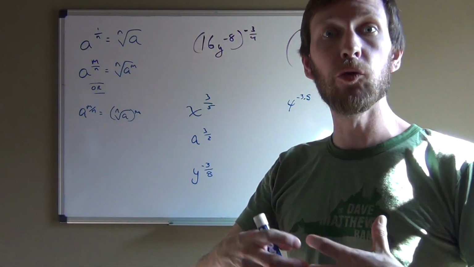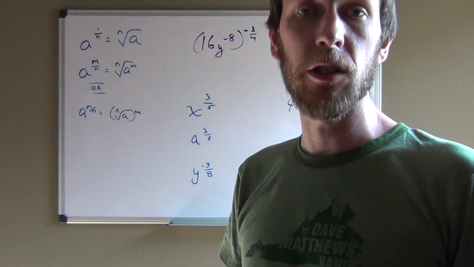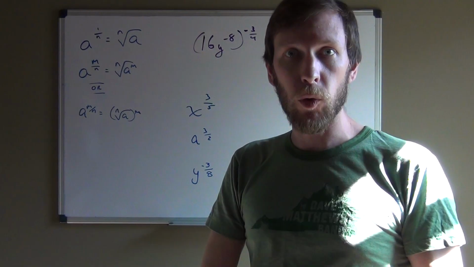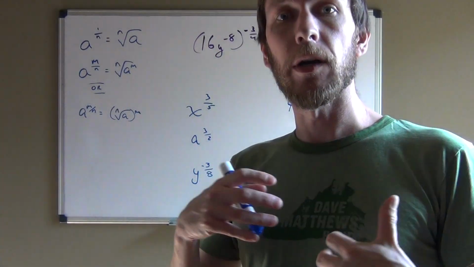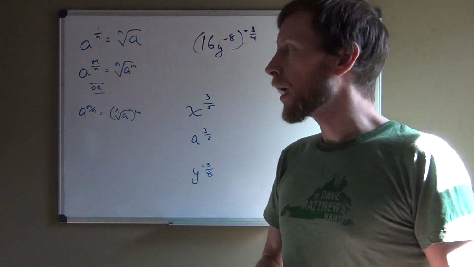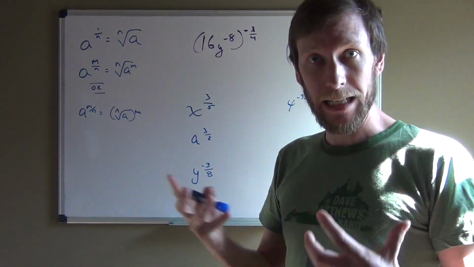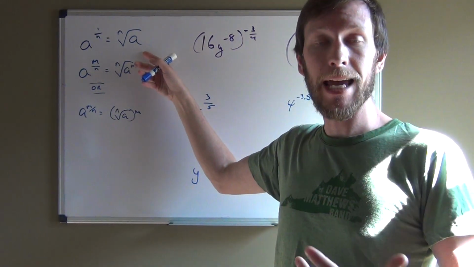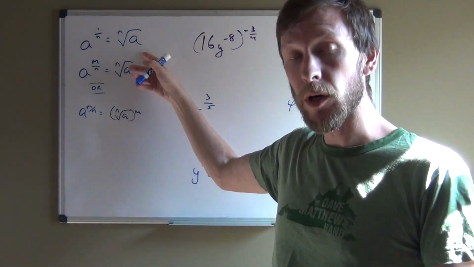This is a new property of exponentiation. Add that to the list of other things that we know, like a to the negative 1 is equal to 1 over a, or a to the negative n is equal to 1 over a to the positive n. We're going to be using this understanding that the nth root of a can be written as a to the 1 over nth power.